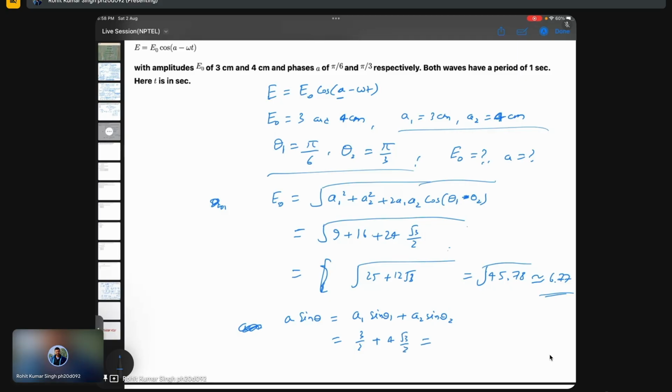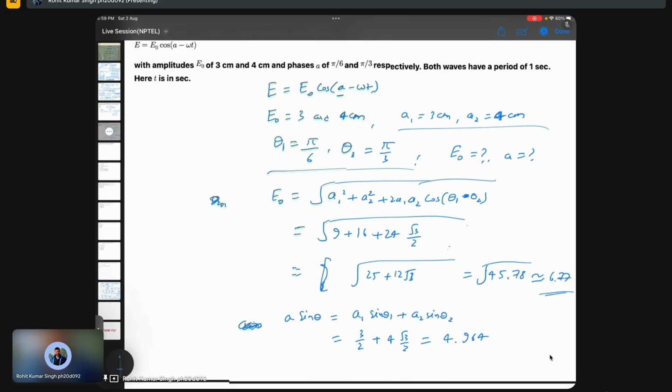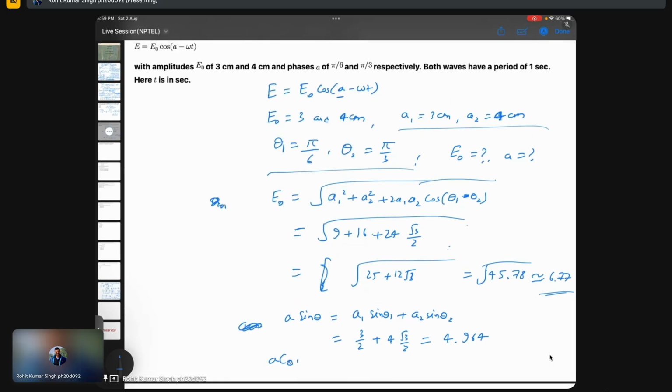Calculating, you will get 4.964. Similarly, you can find A cos theta, which is a1 cos theta 1 plus a2 cos theta 2. Put everything in and you will get something like 4.598. Now if you divide, tan theta is sin theta by cos theta, which is 4.964 divided by 4.598.